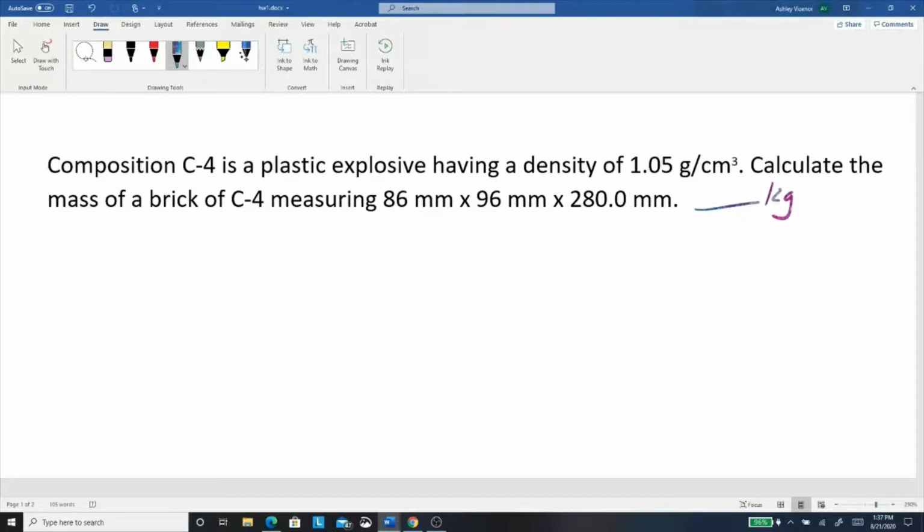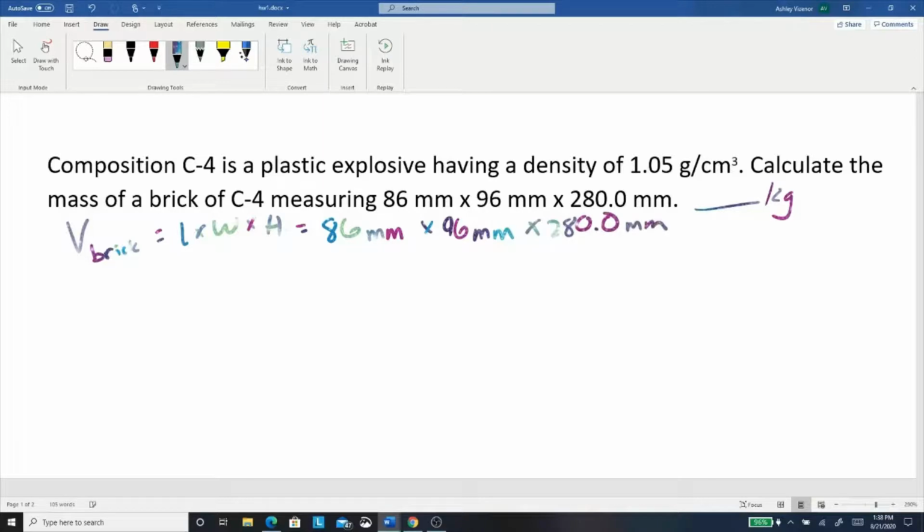So what we should first do is calculate the volume of our brick. We're given the dimensions, and we know that the volume of a brick or a rectangular prism, we're just going to assume it's perfect, is length times width times height. So that means it's 86 millimeters times 96 millimeters times 280.0 millimeters.